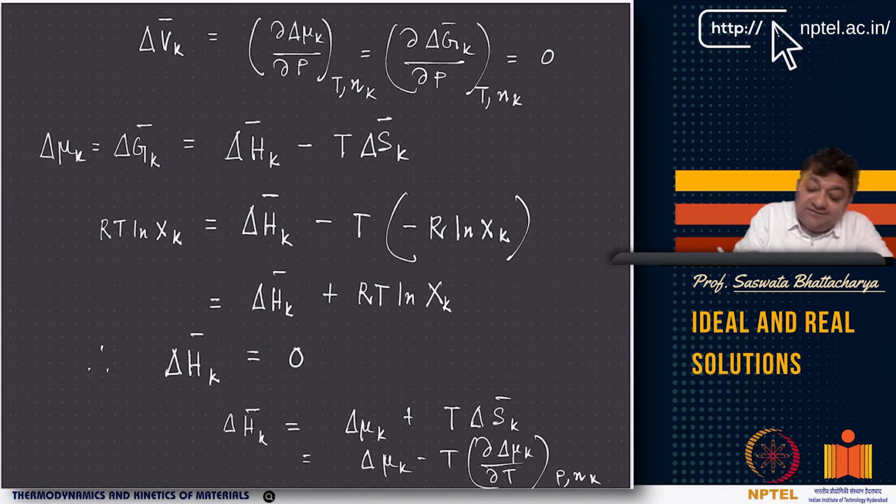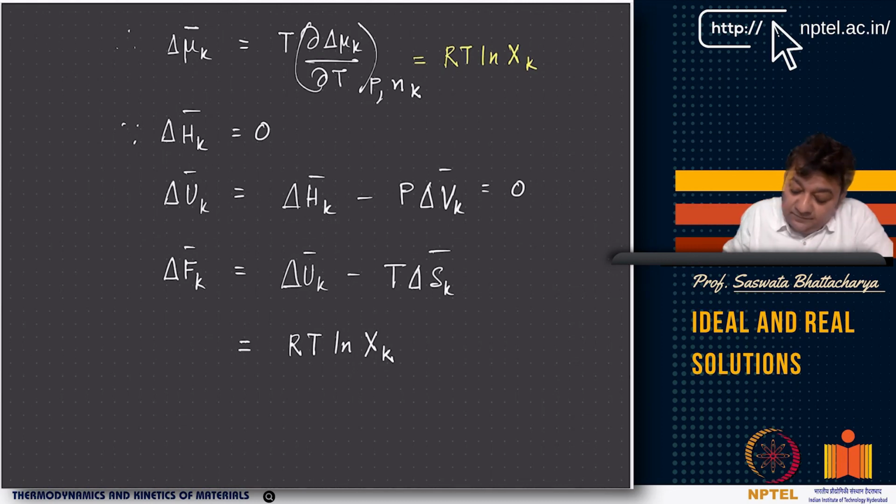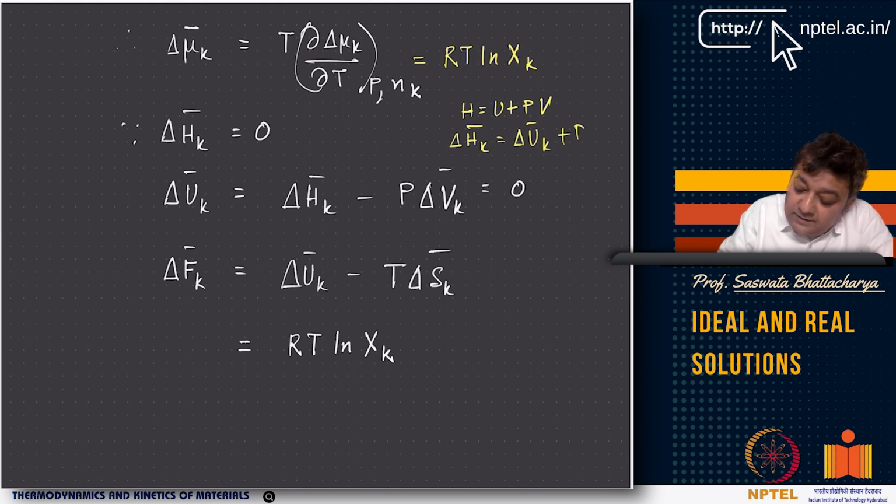And then delta V K bar we got 0, and delta H K bar also we got 0, for the ideal gas mixture. Since delta H K bar is 0, and H equals U plus PV, you can write delta HK bar equals delta UK bar plus P delta VK bar, where P is the total pressure.